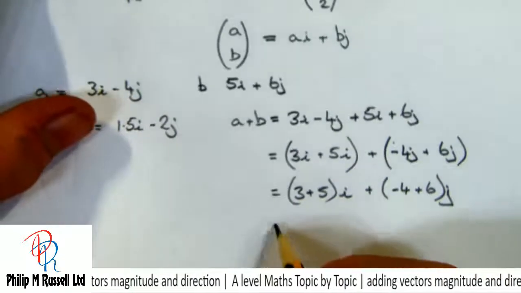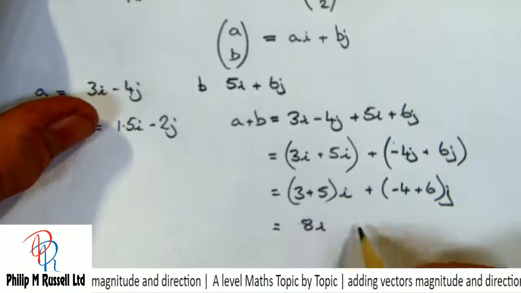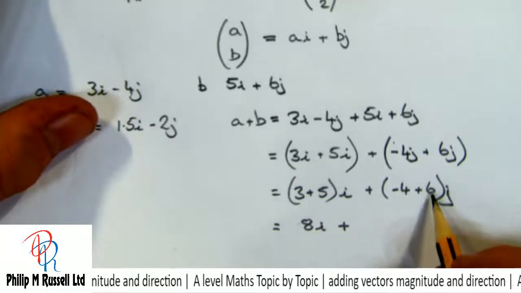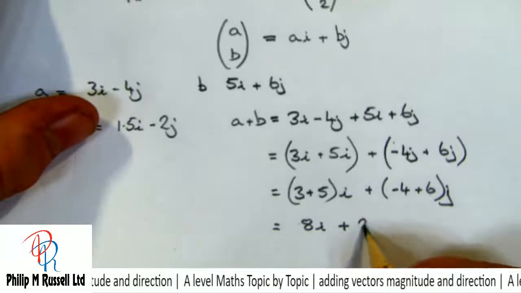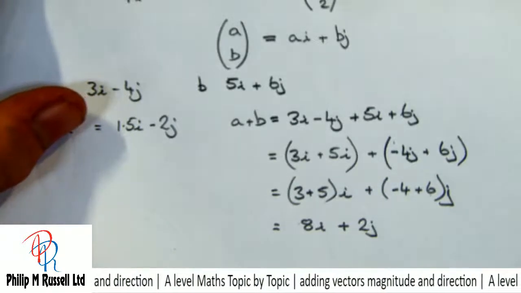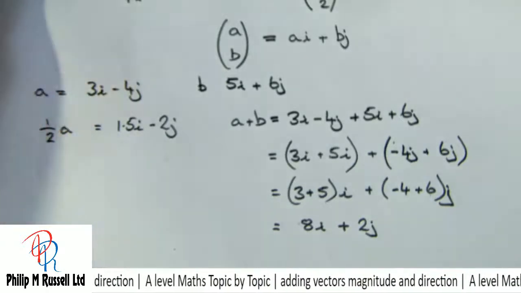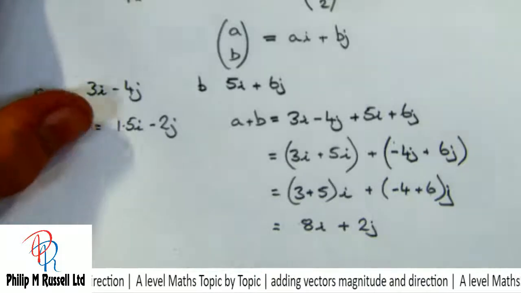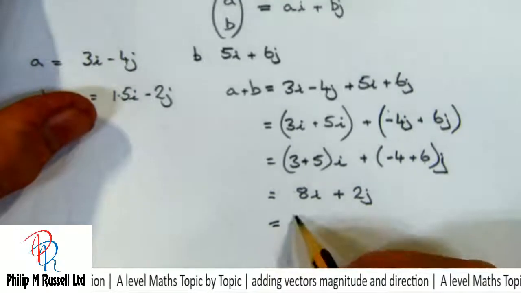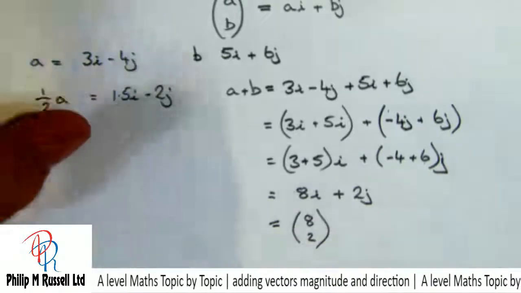And that's going to give me 8i plus minus 4 plus 6 is going to give me 2j. So I can write them in various different ways. I could just as easily have ended this one up as that.